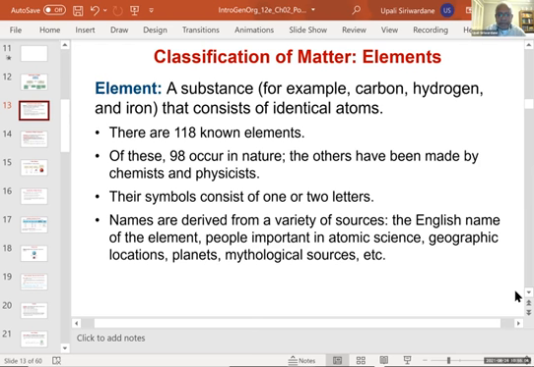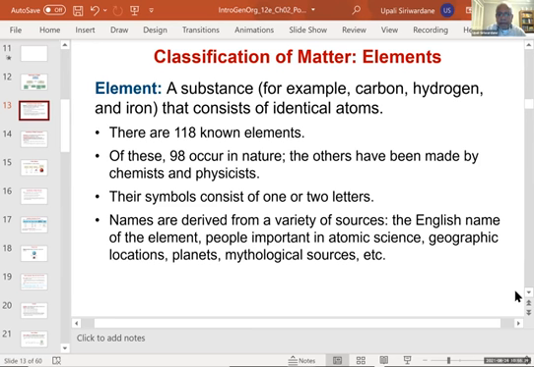The English name of the element, people important to atomic science, geography, location, planet, etc. are used, or a variety of German and Latin names.